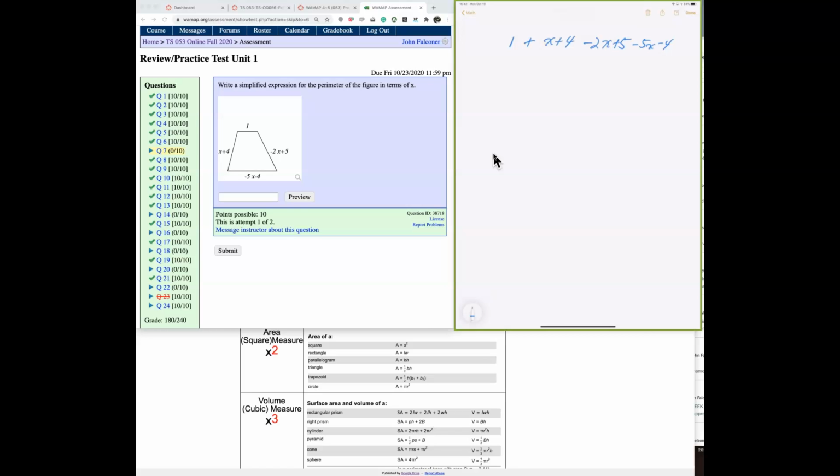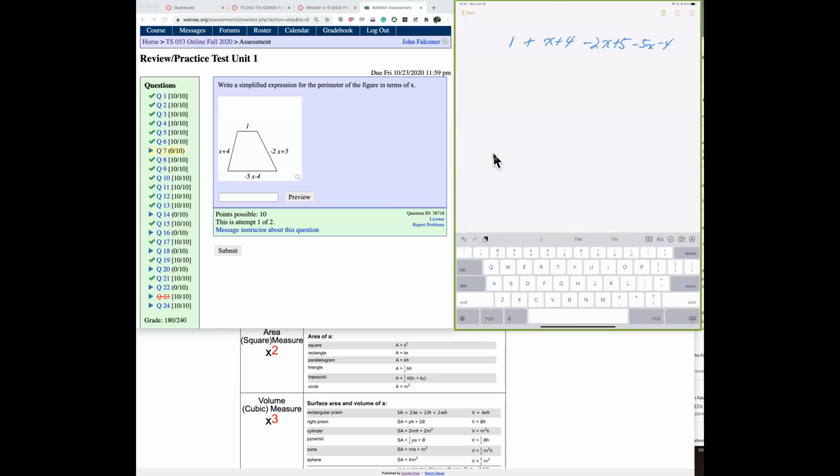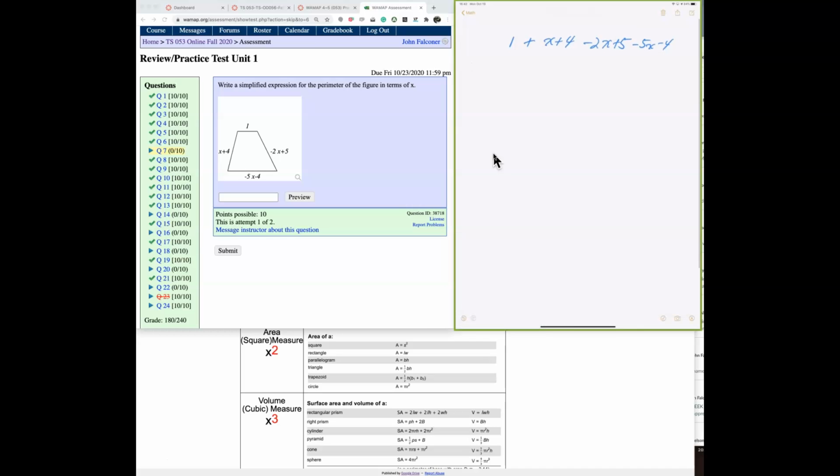So sometimes what I suggest students do, because it can get confusing with all of these signs and operations, is write in the signs that aren't there, make that a positive, and then look at all of these and see which of these are similar.